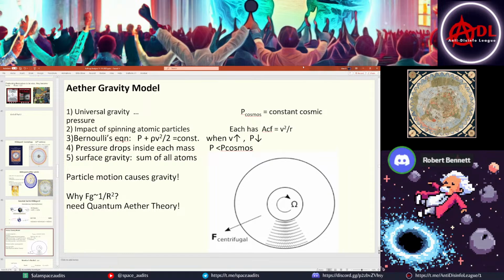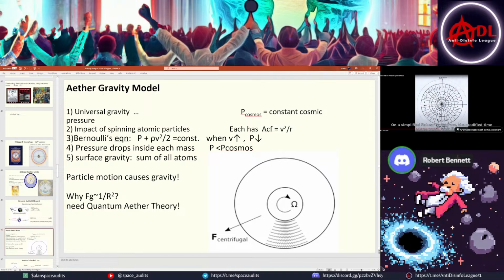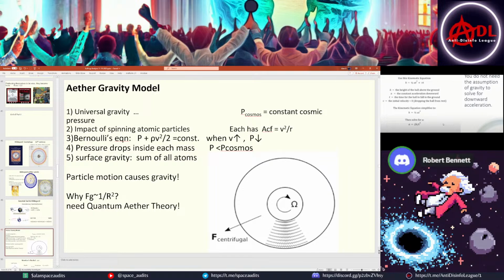But if you add up all of the pressure drops from all of the atoms and all of the electrons and all of the spinning objects at the atomic level, you get something that would cause a drop in pressure, causing the outside pressure to be greater than the inside, which means you have an inward force towards the center of the Earth.